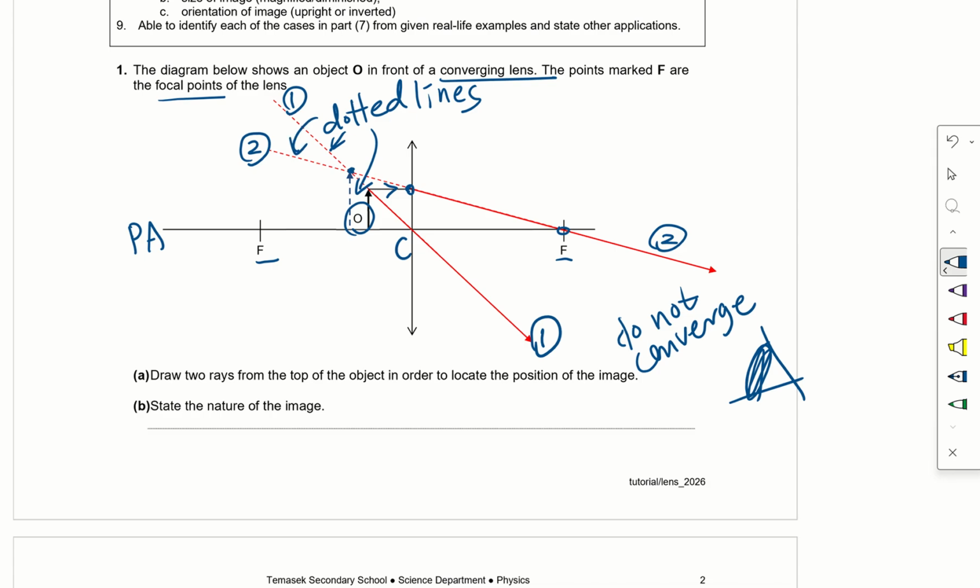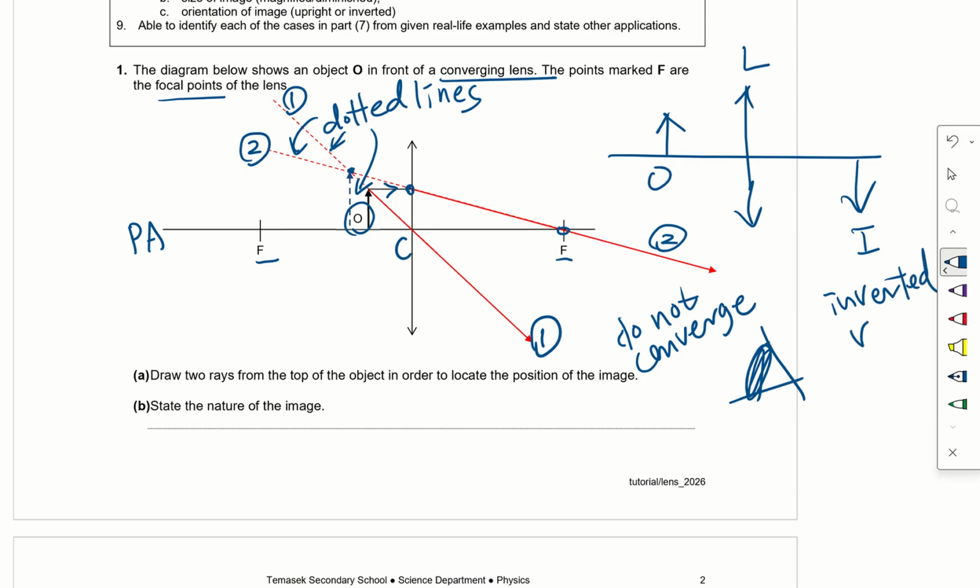Remember when I told you, in O level, if this is the lens, by convention the object is always on the left hand side. If the image is found on the opposite side of the lens, it will always be inverted and real.